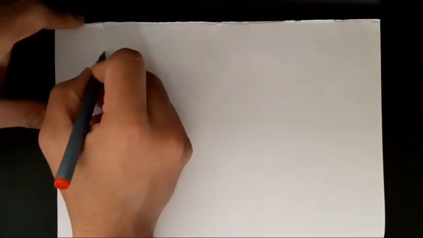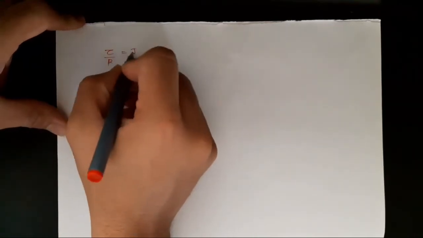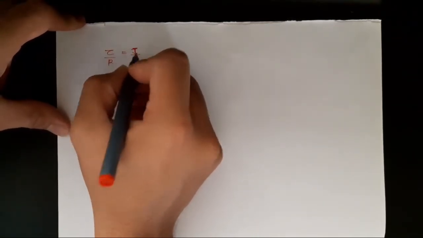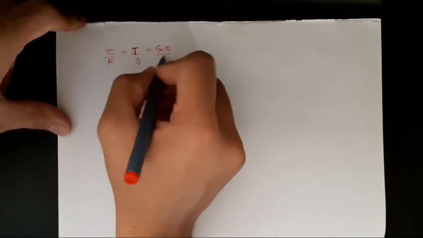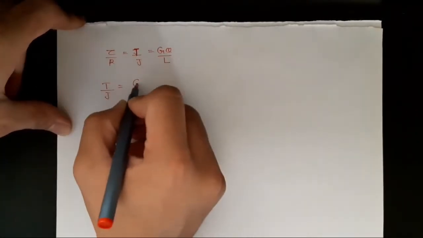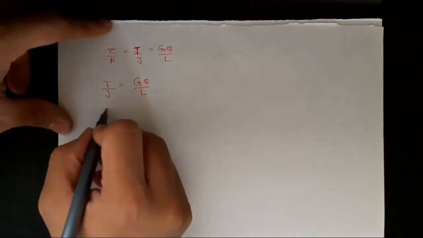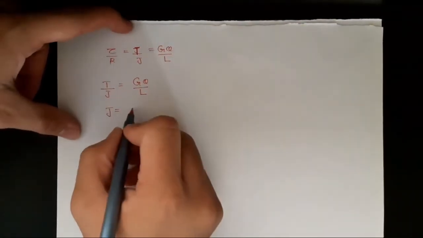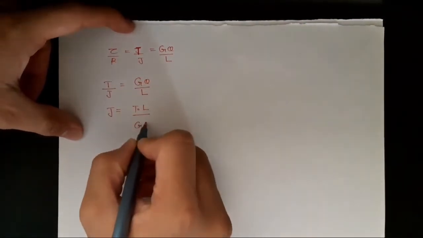As we know the equation of torsion, tau by R equals T by J, and T by J equals G theta by L. So from this equation we can get the value of J. J equals T into L divided by G theta.